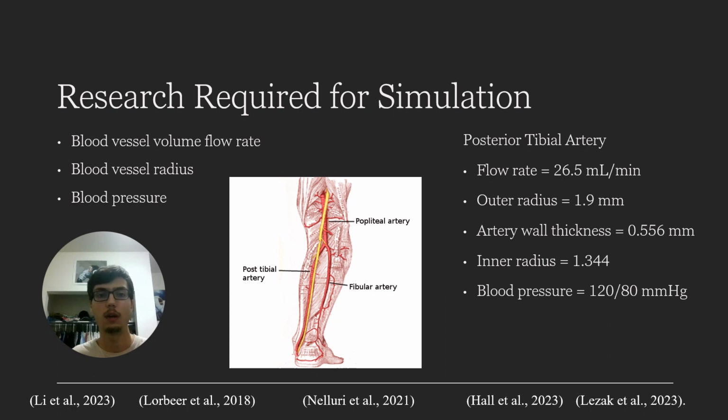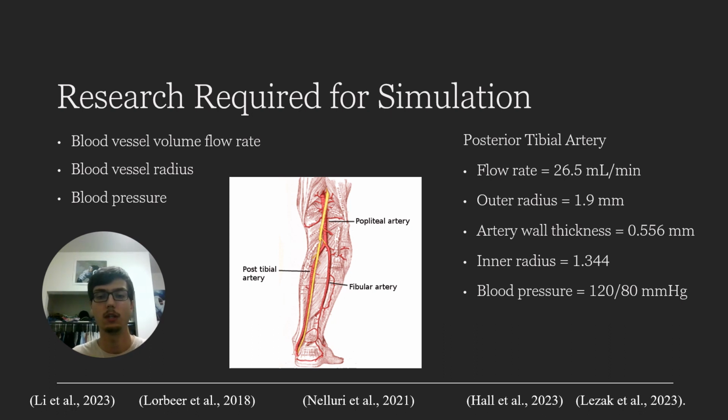That artery flows down the length of the back of the calf. From research, the flow rate was found to be 26.5 milliliters per minute. The outer radius is 1.9 millimeters, and the wall thickness is 0.556 millimeters. So the flow radius is 1.344 millimeters.